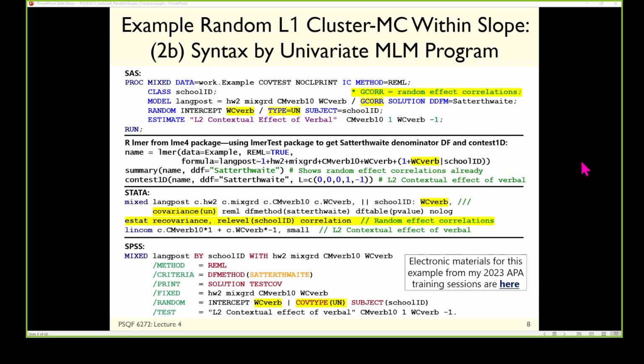So here's an example. This started with the workshop that I did for APA in the spring, and I decided to run with this example and build it further.